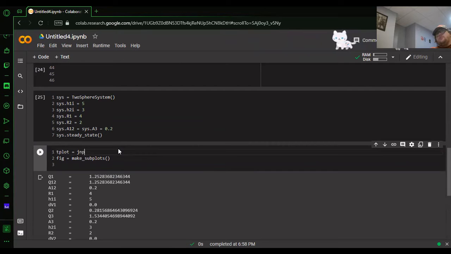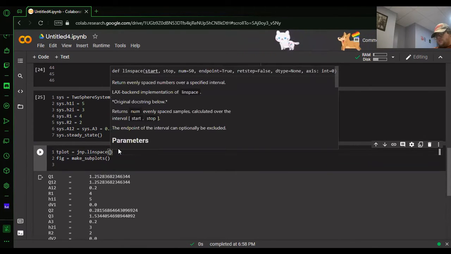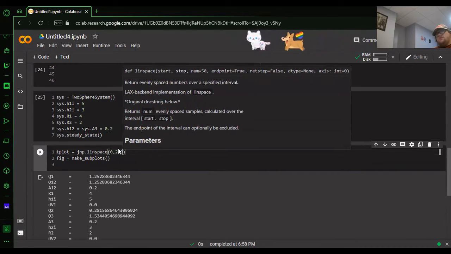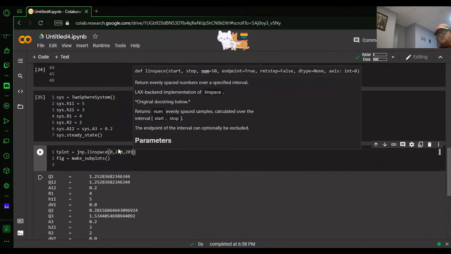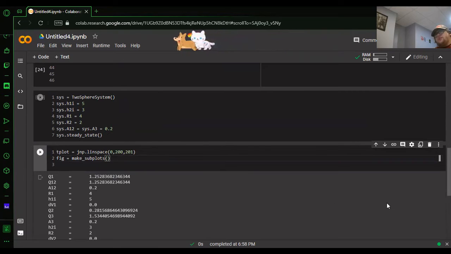Plot, so jnp.linspace. Let's just do values from 0 to 200, where there's a value each second.